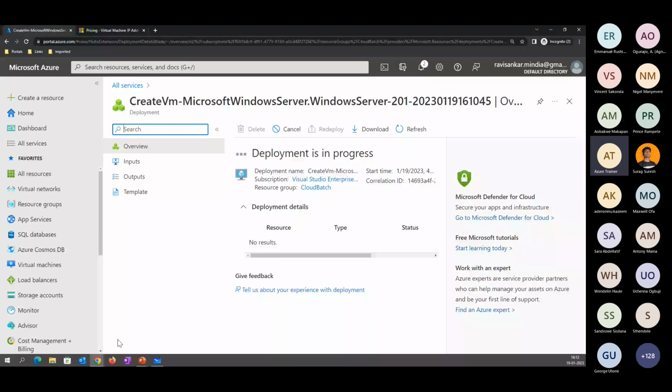Right now the deployment of the additional VM is being configured.